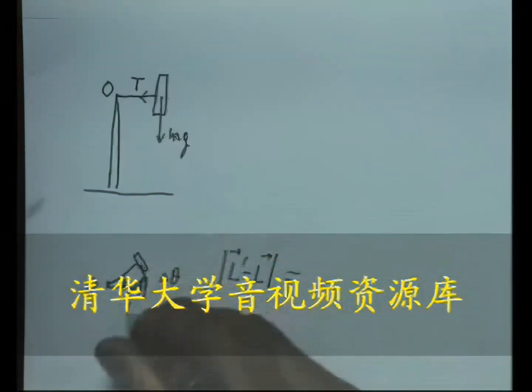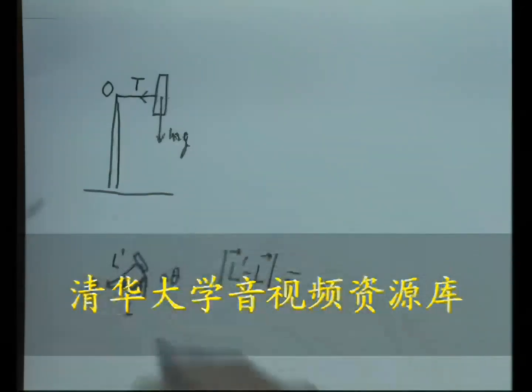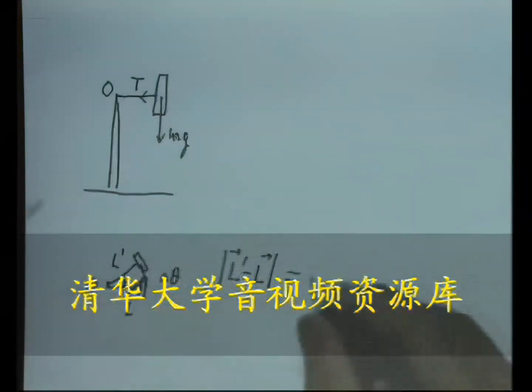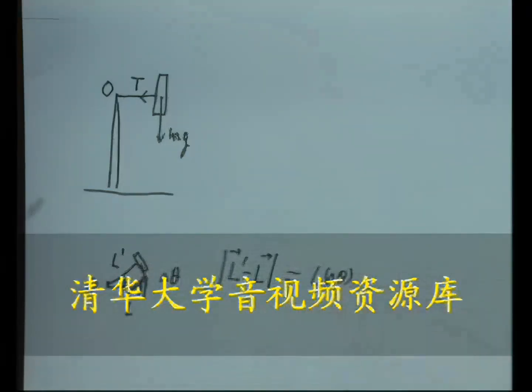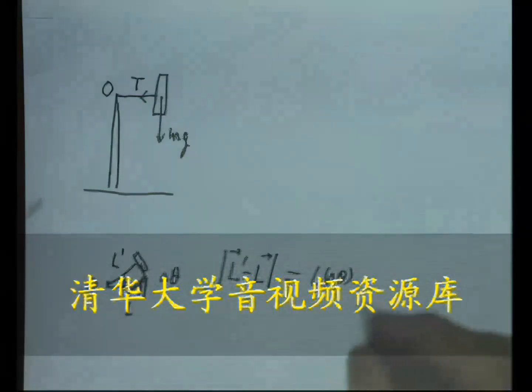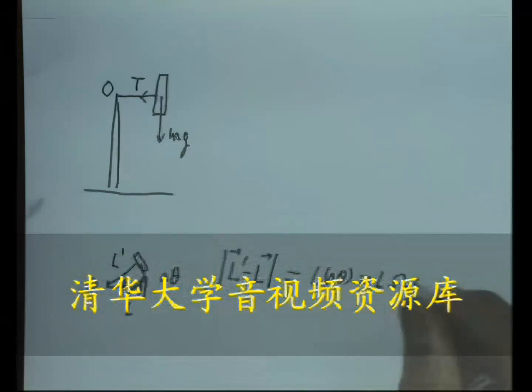This is the original L. This is the final L. So that difference is equal to L times delta theta. And that is equal to L times omega delta t.